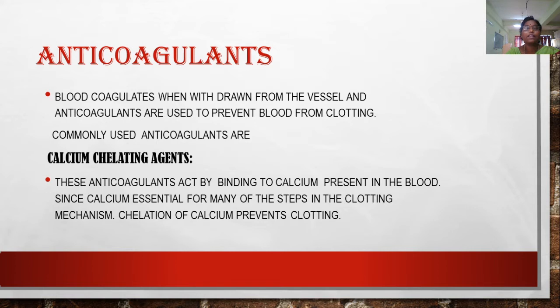Calcium chelating agents. These anticoagulants act by binding to calcium present in the blood. Since calcium is essential for many of the steps in the clotting mechanism, chelation of calcium prevents clotting. What is chelation? That is removal.